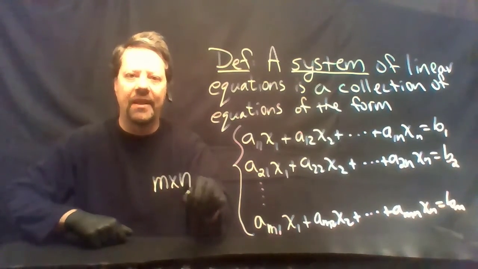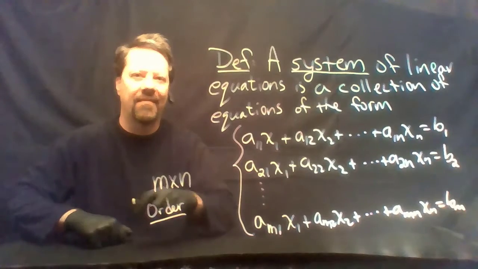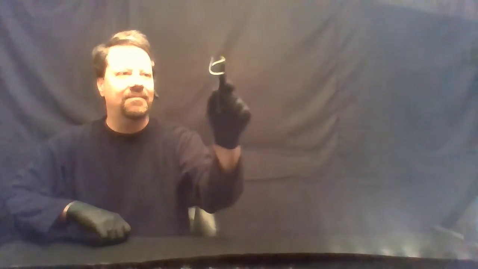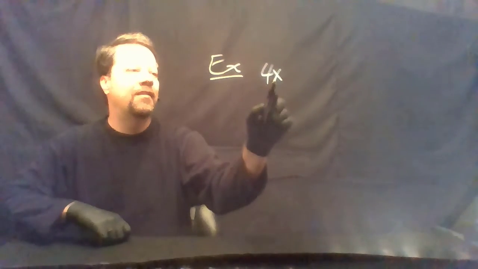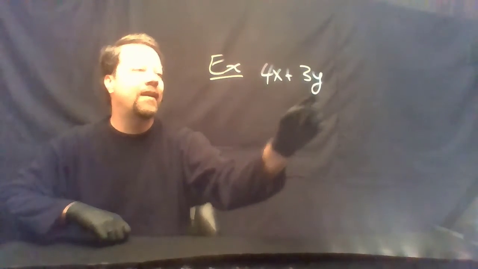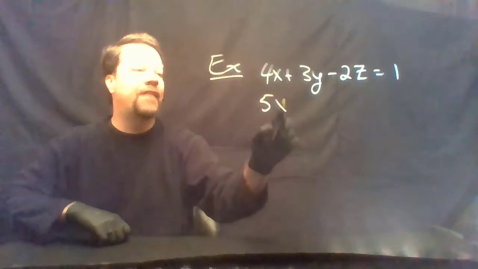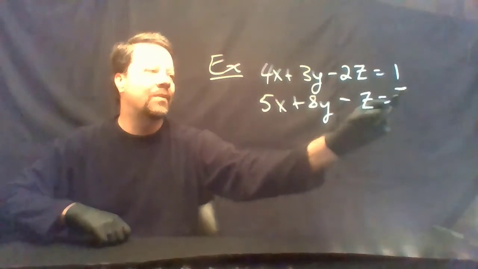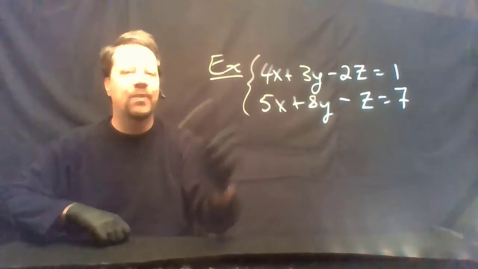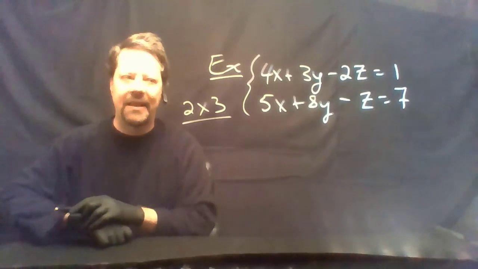This is called the order. As an example, suppose we have 4x plus 3y minus 2z equals 1, 5x plus 8y minus z equals 7. This would be a 2 by 3 system. That will be its order.